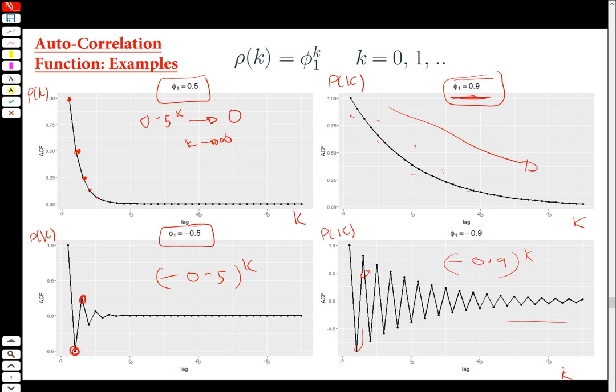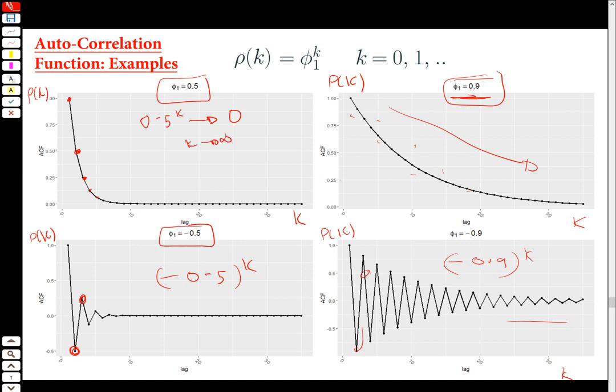Take the case where phi1 equals a half. All this does is plot the correlation function against the lag. So here we just plot 0.5 to the k, from the lecture notes.